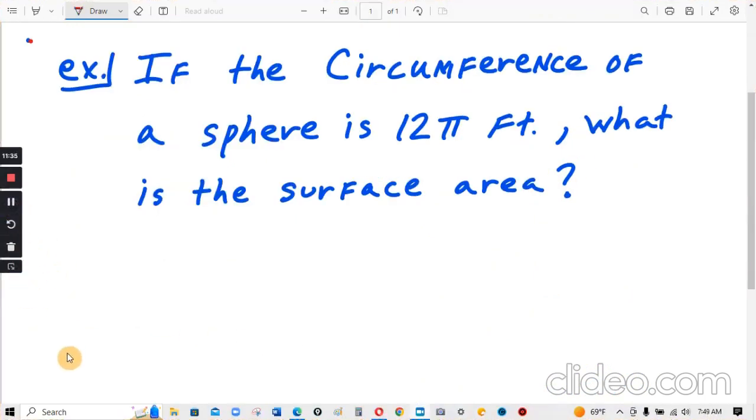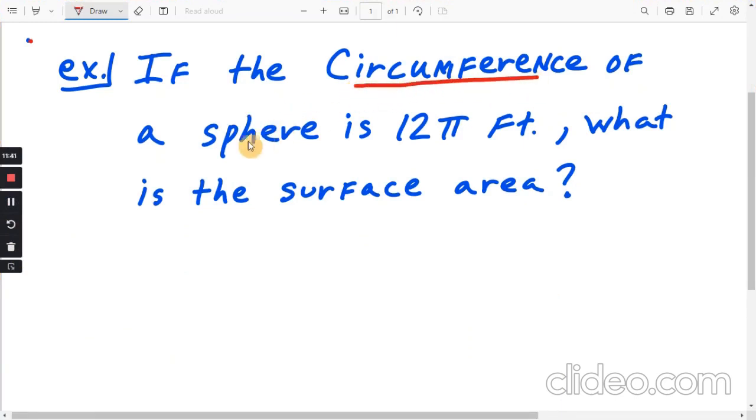All right, so I made my own example for this one. I wrote, if the circumference of a sphere is 12 pi feet, what is its surface area? Okay, we know that circumference is the distance around a circle or a sphere. And the formula for circumference is 2 times pi times r.